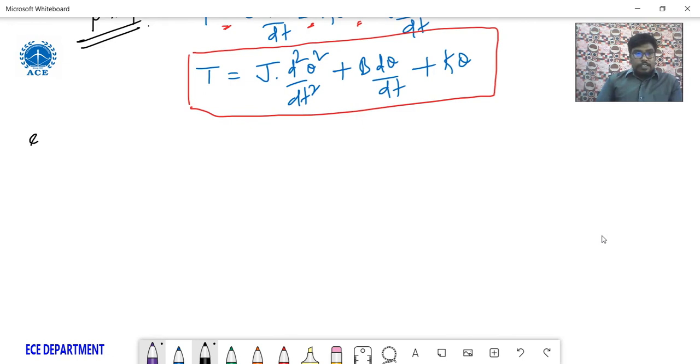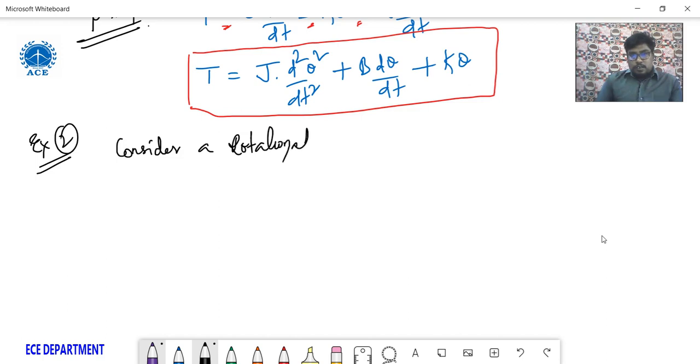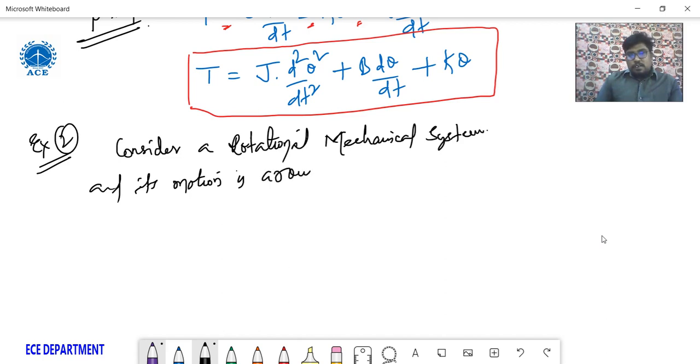Right, for example, if I take, consider a rotational mechanical system and its motion is around a fixed axis.